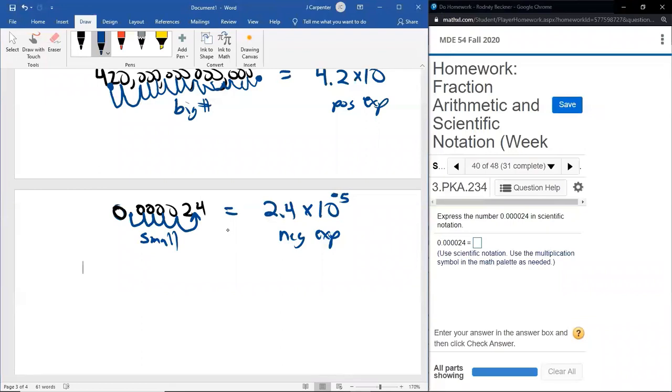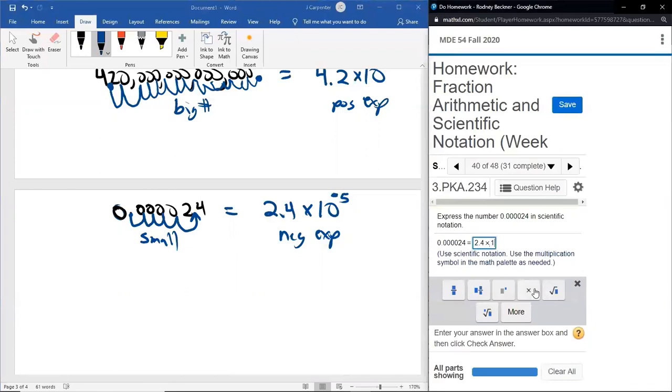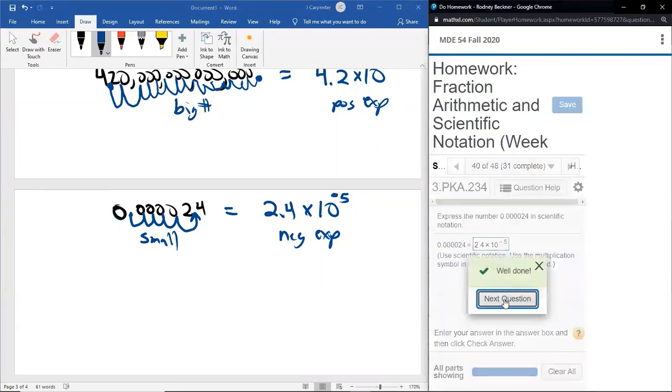We don't deal with negative exponents too much in this course, so I don't expect you to be able to rationalize them, but you can at least say, all right, if this was positive, the number would be 240,000, which is not the original number, so make it negative. All right, so 2.4 times 10 to the negative 5. Hit enter, and we got it right.